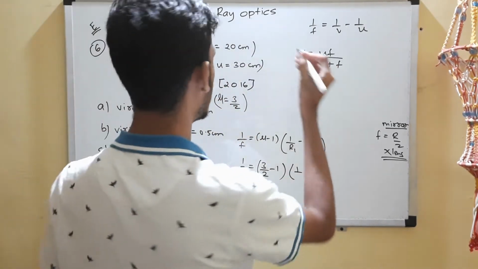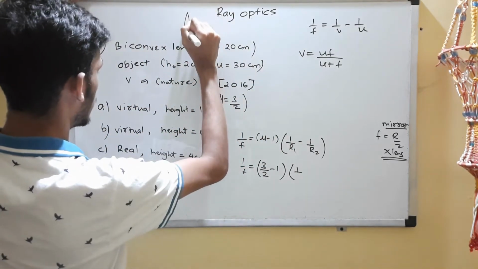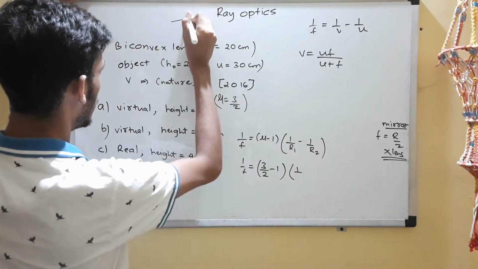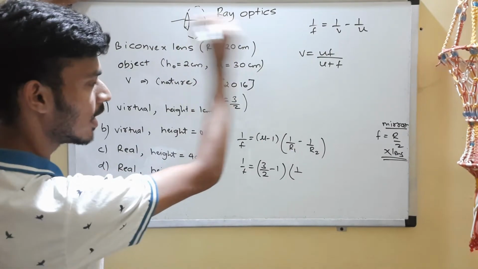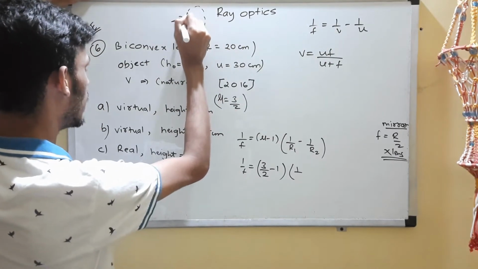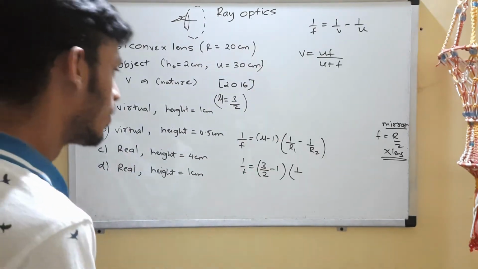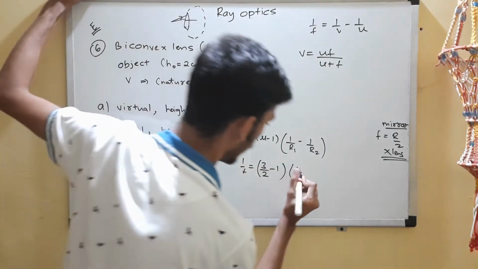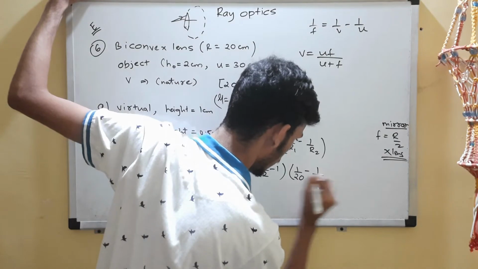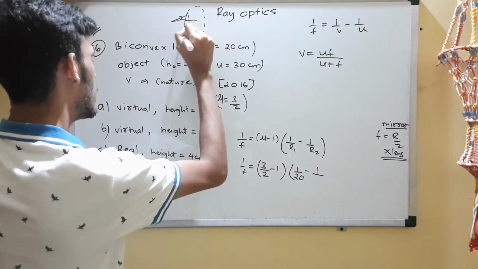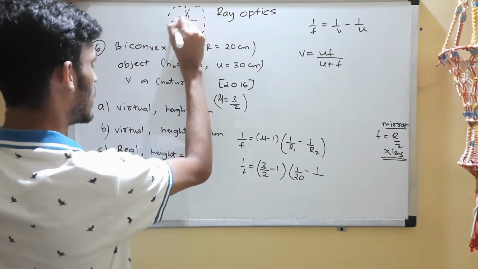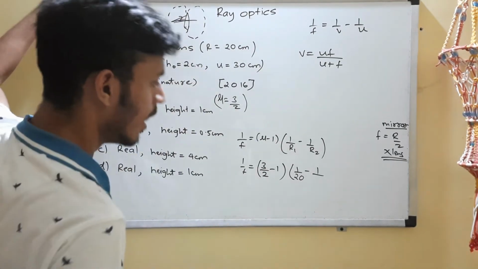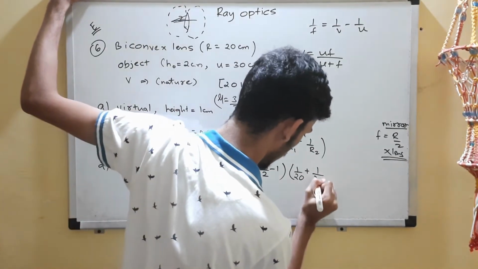Now r1 is, suppose we have this biconvex lens, okay? r1 will be the radius of this sphere, okay? It's in the positive direction, right? Going in the direction of the incident ray, so it will be positive 20, okay, minus 1/r2. r2 is this, the radius of this sphere. The radius is in this direction, right, opposite to the direction of incidence, so that is negative, okay?